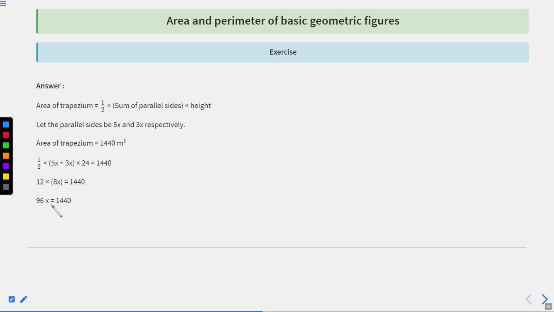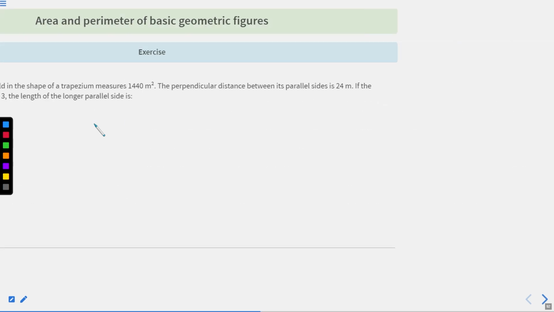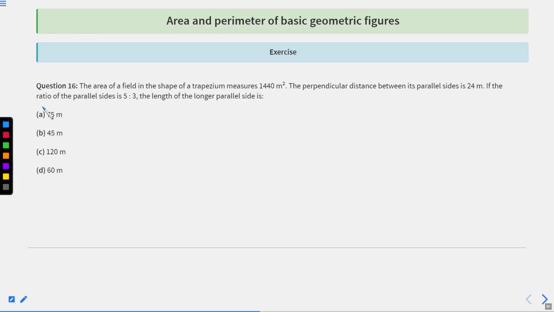So that is 96x equal to 1440, and on simplification you will have x equal to 15, and longer side is 5x. So substituting the value of x, you will have 75 meters. So the correct option should be option number A, that is 75 meters.